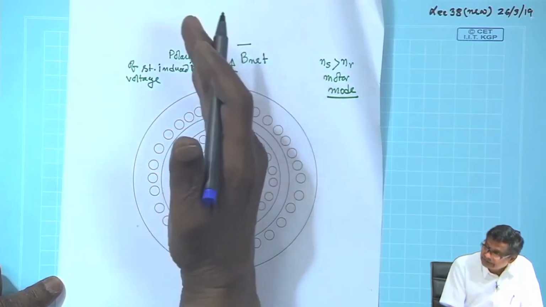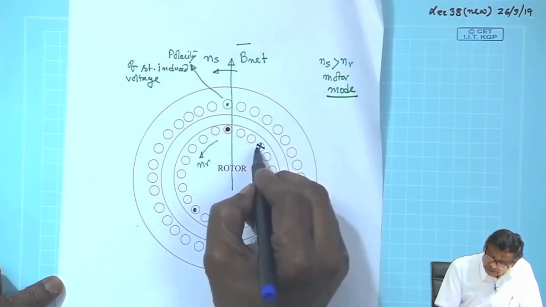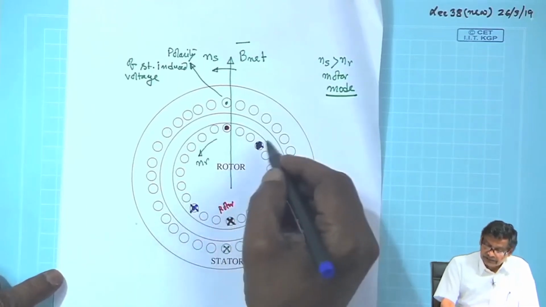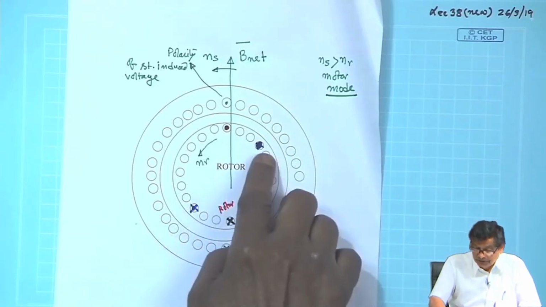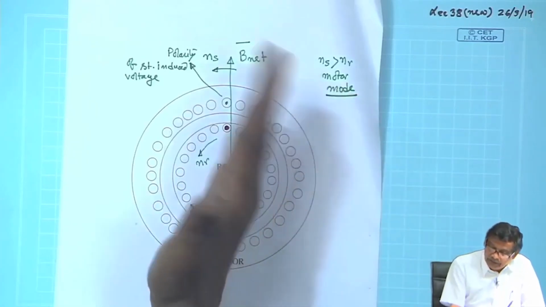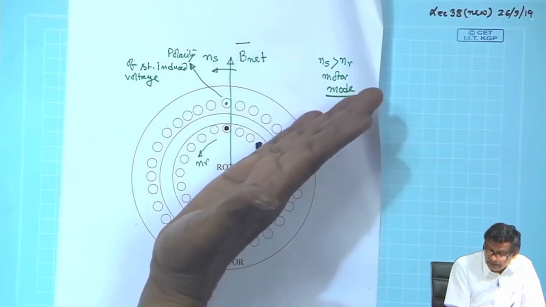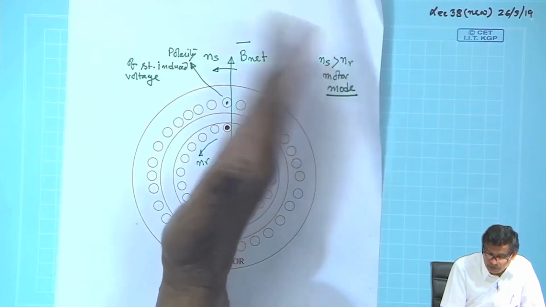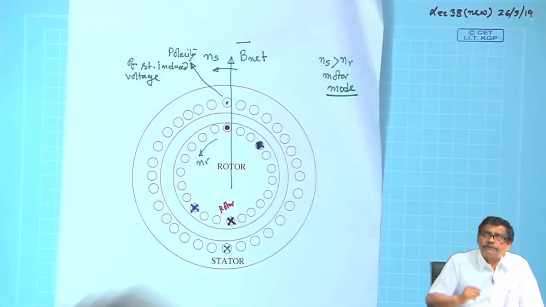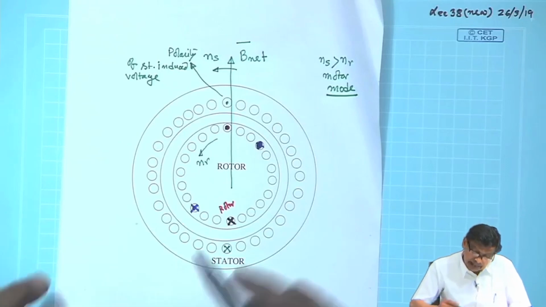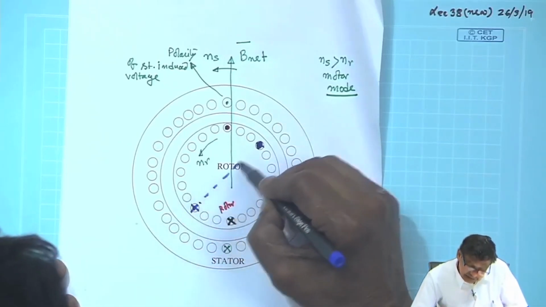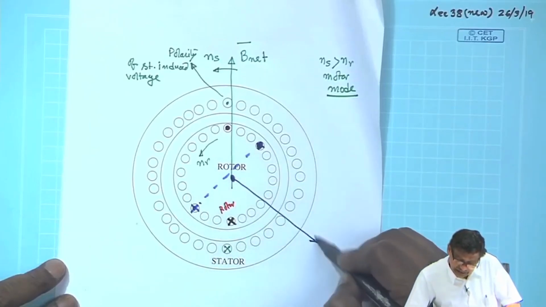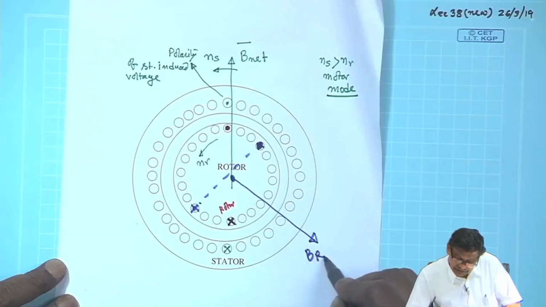After some time it has come here, it will be dot and cross. So before this instant there were some conductors which have already seen B net maximum passing over them, and they will perhaps be carrying maximum current. If that be the case, then the direction of the rotor field should be somewhat like this, perpendicular to this. This will be B r.